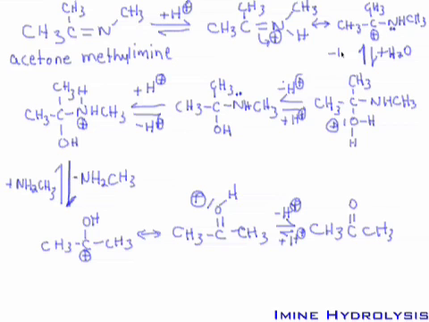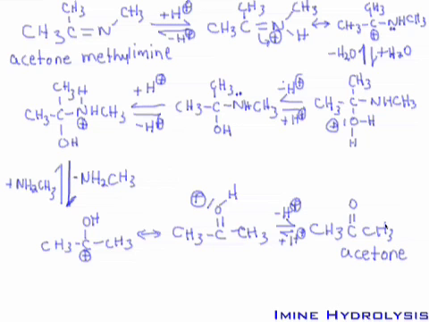Then over here, going up, we'd have minus H2O. Once that happened, you have your resonance structure, get the iminium ion, and then here you'd have minus H plus. And you have the mechanism between acetone and acetone methylimine.